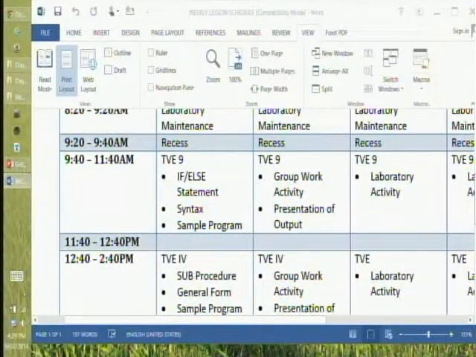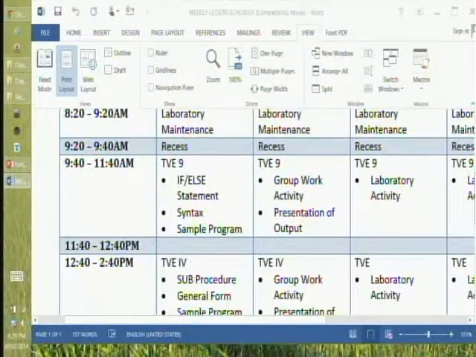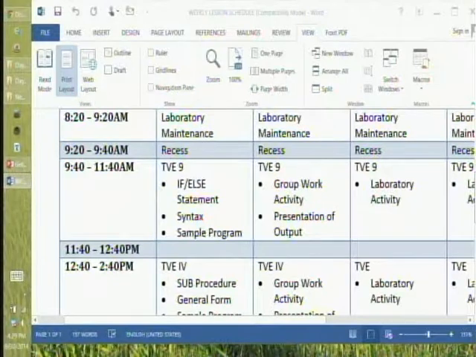And for Tuesday, after learning the concept of the if-else statement, the syntax, and having their sample program, they will be given a group activity so that they can exercise what they have learned in a group context.